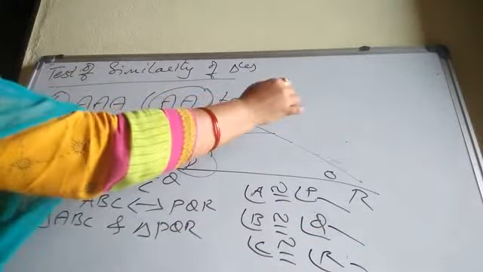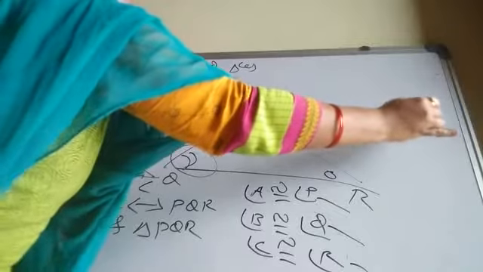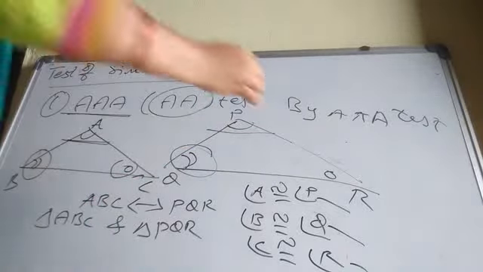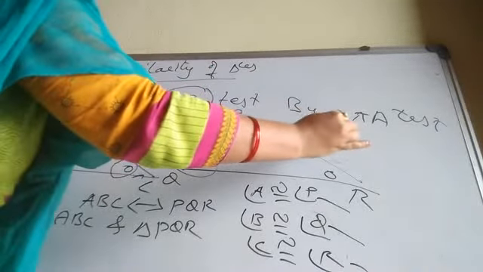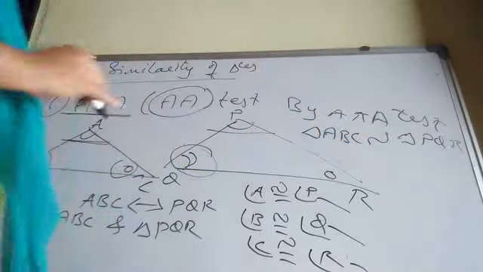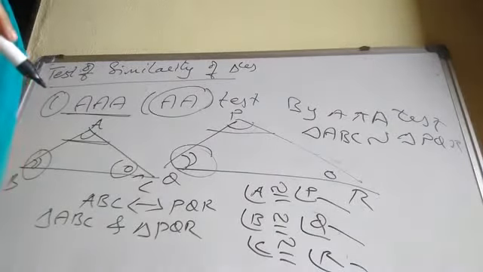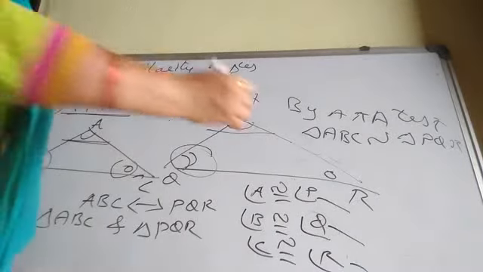By triple A test, triangle ABC is similar to triangle PQR. When the angles are congruent, then the remaining sides are what? In proportion. How will we write?